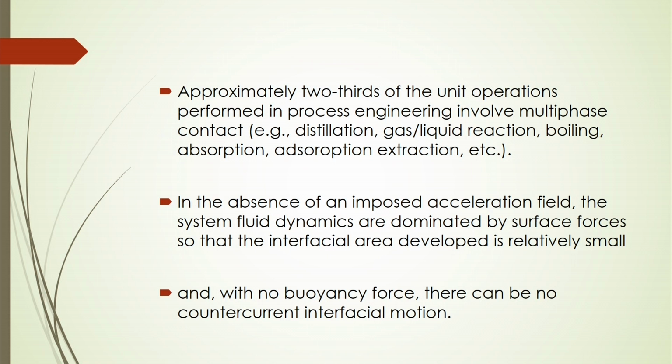Now, you cannot produce enough interfacial area if you simply supply the carbon dioxide gas just flowing through the surface of the stagnant liquid. You may get some surface area, but that may not be the intensified way.